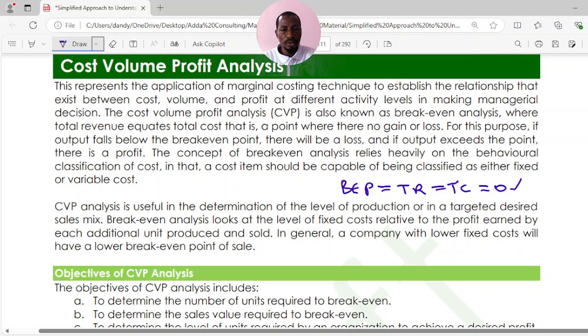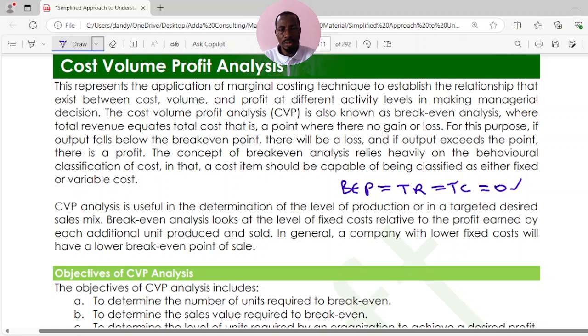Selling price will not change. The method of production, technology, production efficiency, labor efficiency, all of that will remain constant. There will be no inflation. There will be no price level changes. So these are some of the assumptions of break-even analysis.